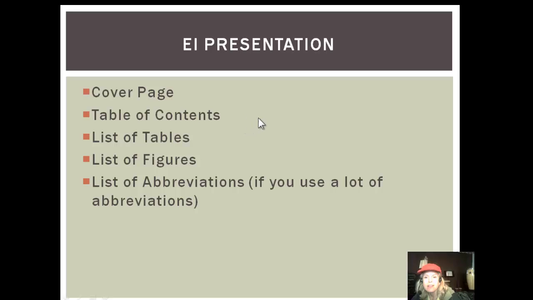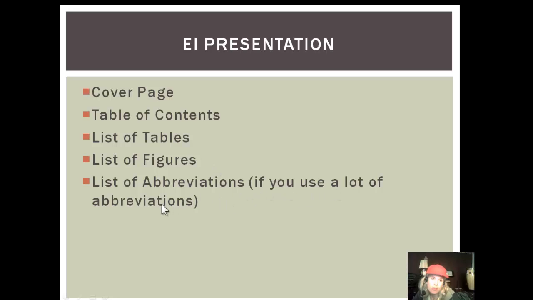Keep in mind that the more section headers you have, the more formal your report looks, and also the easier it is to review. It's a lot easier to review when you've got a header and then 1 or 2 paragraphs and a header and 1 or 2 paragraphs. Make sure to have a list of tables and a list of figures because you probably will have a lot of those, and having a lot of tables and figures makes your report easy to review also.